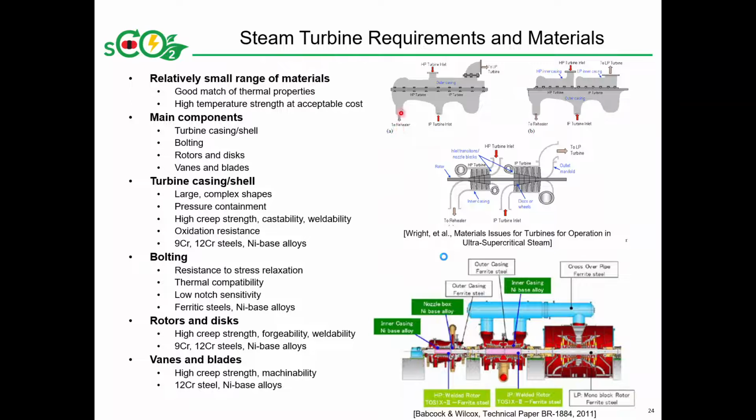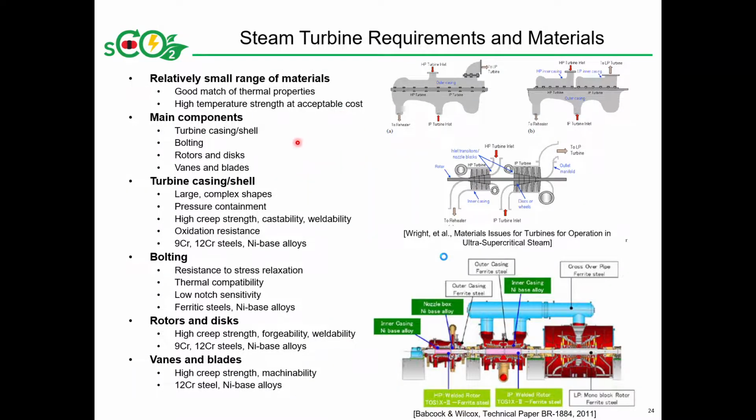These are relatively large components, so changes in temperature could result in large deflections and distortions. So we want to match those thermal properties between the different materials. And again, because we're talking about relatively large equipment, we're looking for high temperature strength for operation at those high temperatures and acceptable cost to keep the capital cost of the plant down as much as possible.